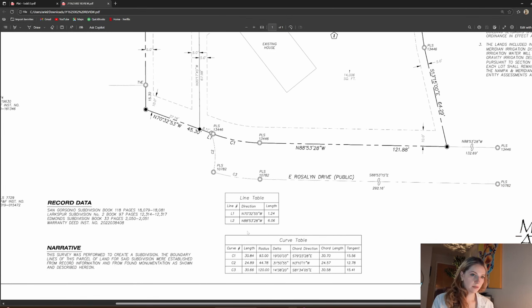The curve table is where it gets a little more tricky. So that gets us into trig and tangents and chord lengths and all that stuff. So they give you all the information that you need, and like in Chief specifically, you'll just click import arc and plug all the numbers in.